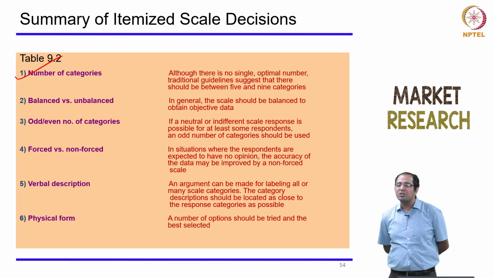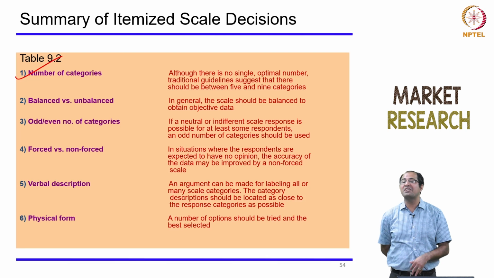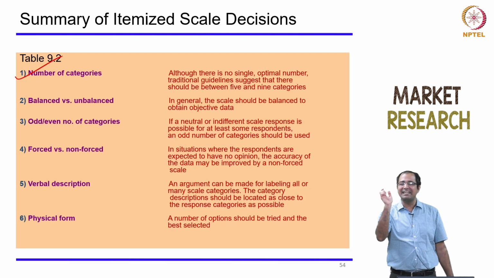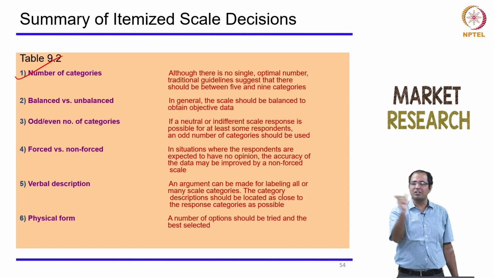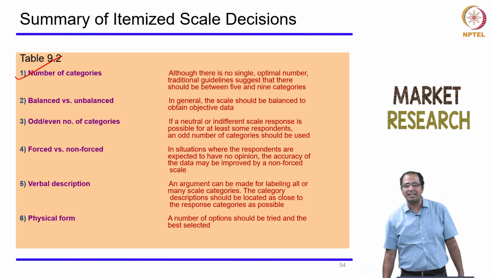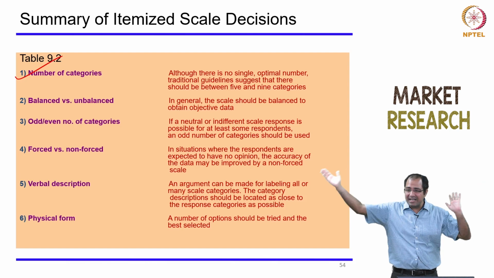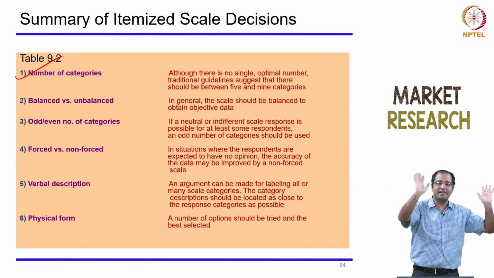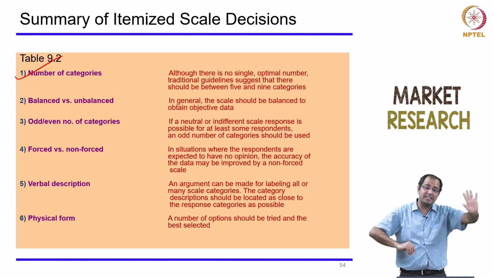If we do not know any criteria, then the safe choice is a 5-point scale. If your audience, your customers, are knowledgeable and can identify minute differences in the characteristic, then you can have more than 5, like 7 points: strongly agree, moderately agree, slightly agree, neutral, slightly disagree, disagree, strongly disagree.